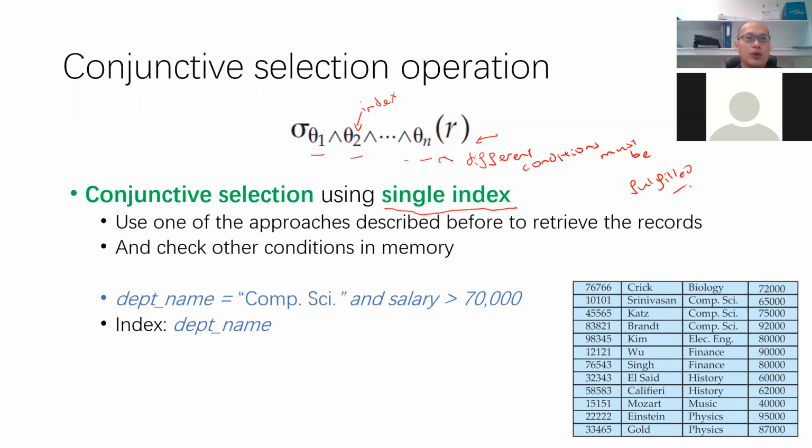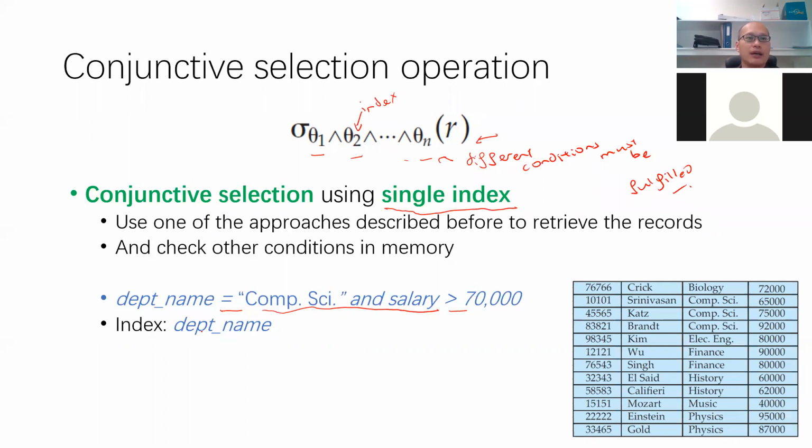This is an instance of how the query may look like, where I have one attribute equal to something, and then another attribute less than or greater than a number.